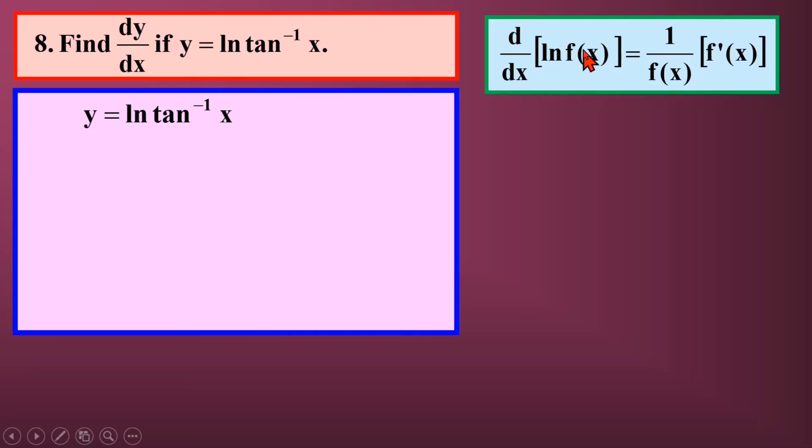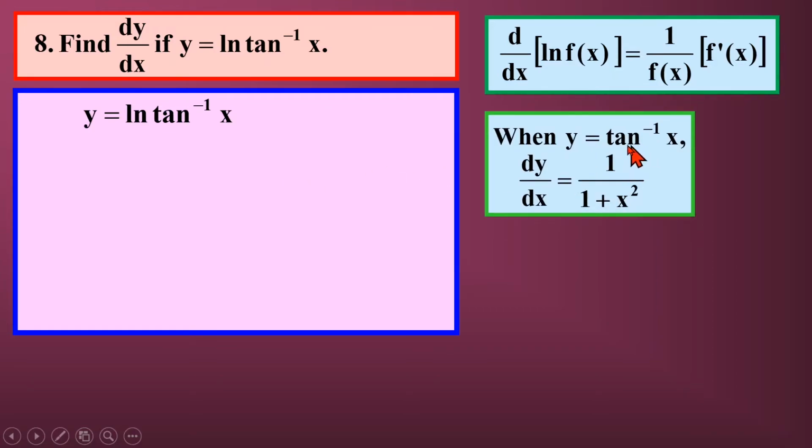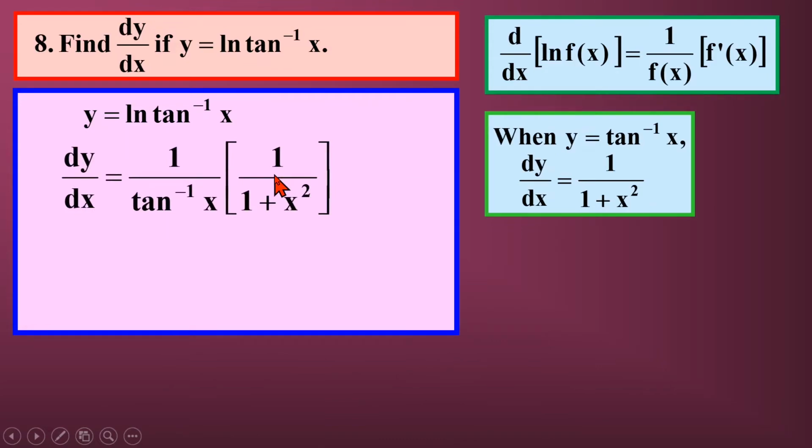Now I have ln fx can be differentiated into 1 over fx and differentiate the function put at the side. Next, I'm going to need the tangent inverse formula that will give me these formulas. So I can combine them now.